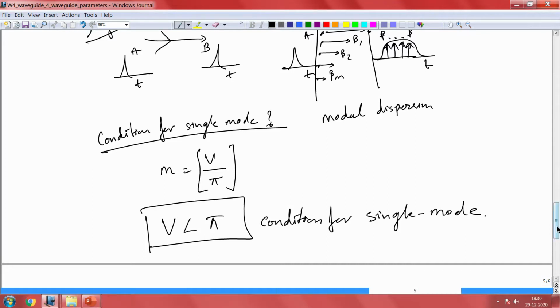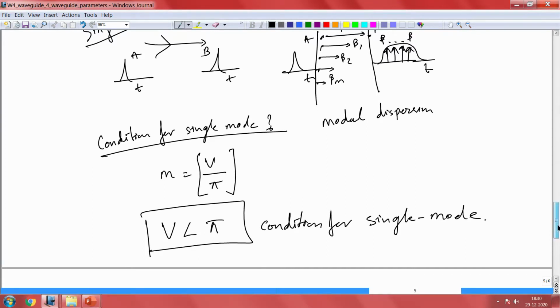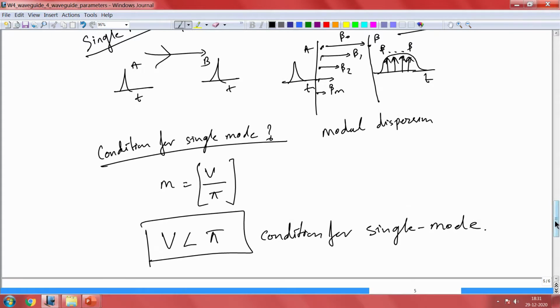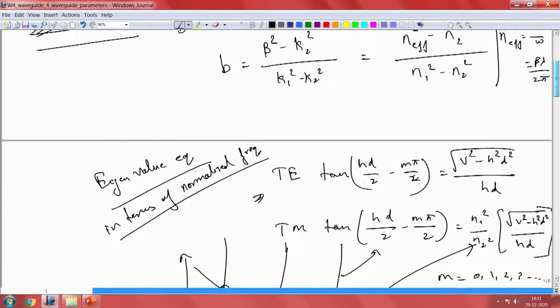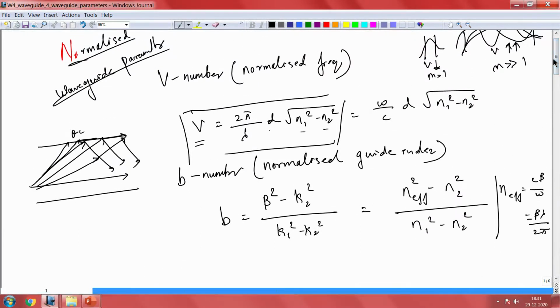When you are designing any waveguide, you will look at this V number first. You take the refractive index of the core and cladding, and you know the wavelength that you are operating at, and based on that you choose the right dimension of your waveguide so that you achieve single mode operation.